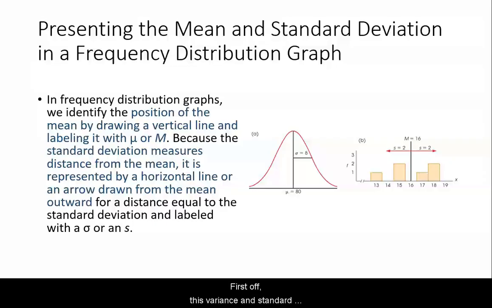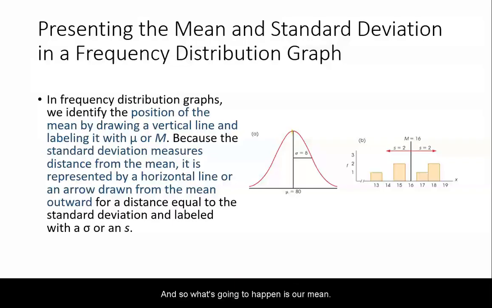First off, this variance and standard deviation, these numbers are going to allow us to graph into that normal graph or that skewed graph when we sort of talked about these things, right? Those numbers are going to allow us to draw this graphic, this curvature representation of our data.